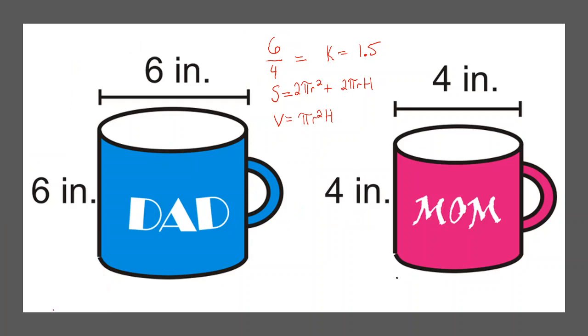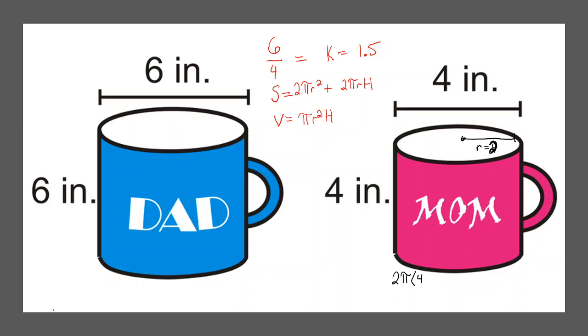So if we calculated surface area, we'd say that it's 2 times pi times r squared. R equals 4. So 2 times pi times, r equals 2. Radius equals 2.